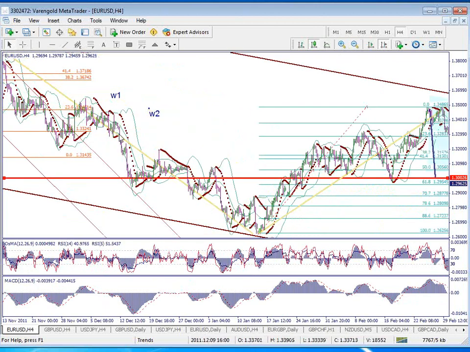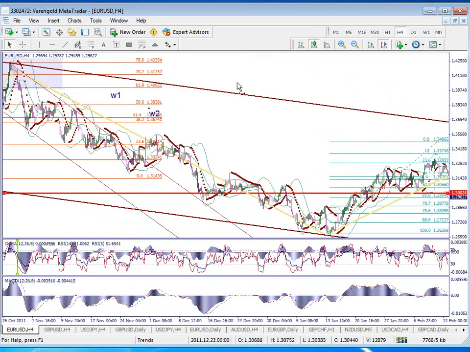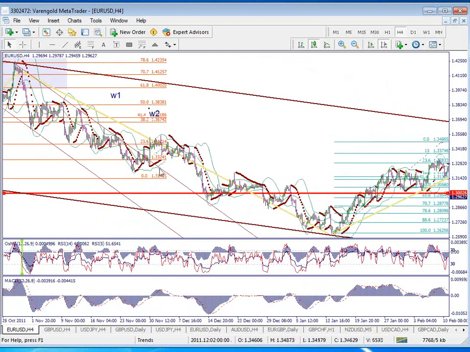But still we have the continuation of wave number 3, that one. And the targets, actually this was the point when we all the time have one reverse, but we have the continuation according with the Fibonacci.